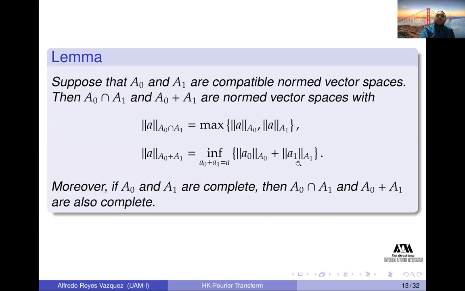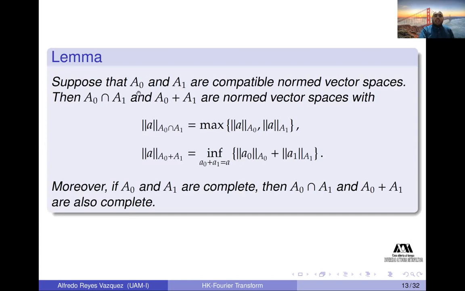And when we are dealing with normed vector spaces, then we have two norms, one for the intersection and another for the sum. Notice here that an element in the sum can be expressed in many ways.